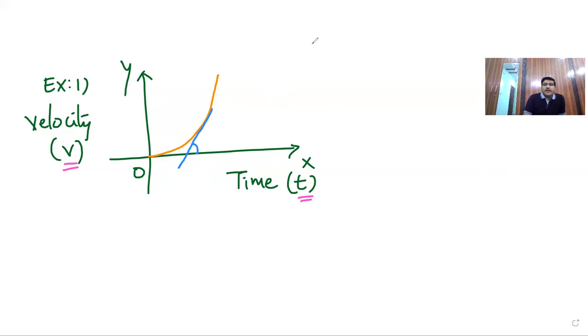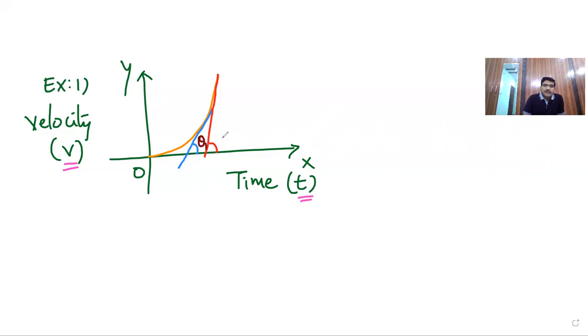If I draw a line here, this is the slope. Observe carefully.